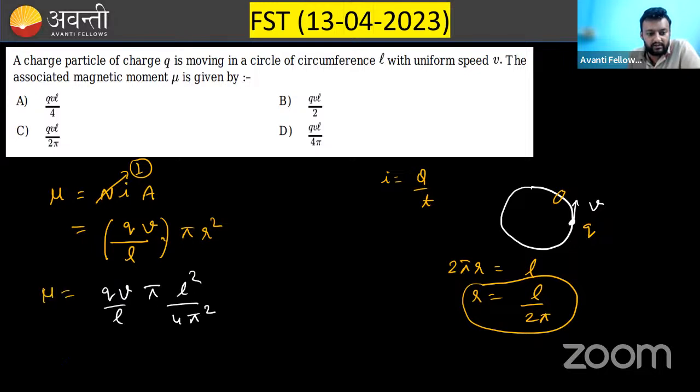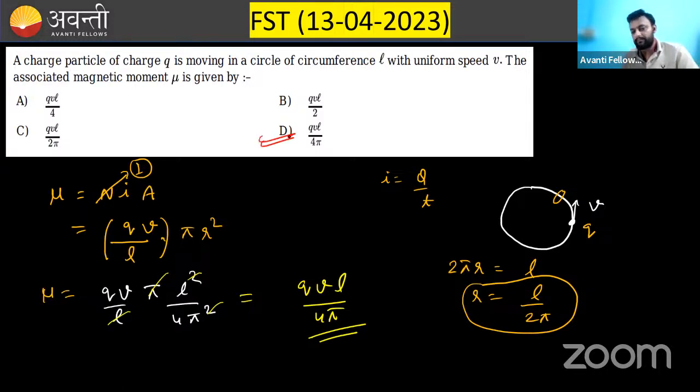Now you can cancel a few things out. Pi will be cancelled, L will be cancelled. It will become QVL over 4 pi, which is option number D.